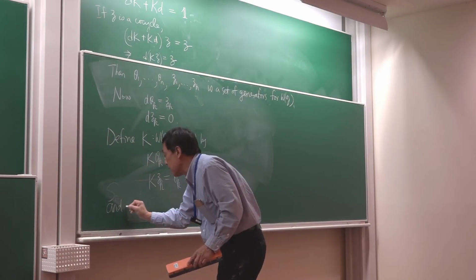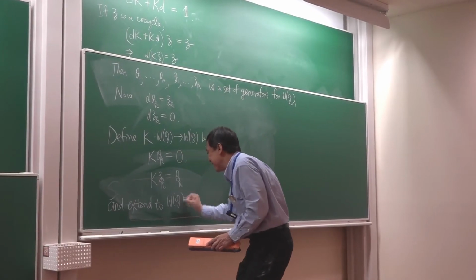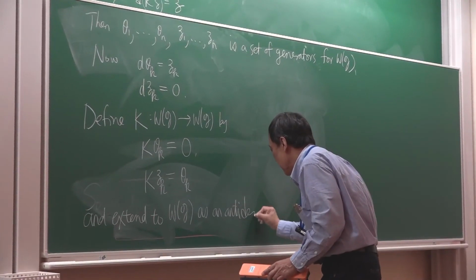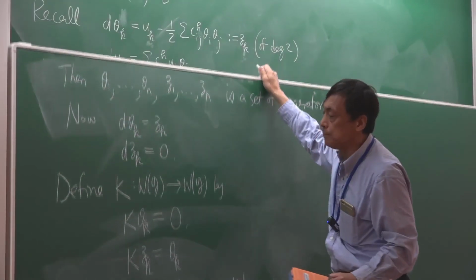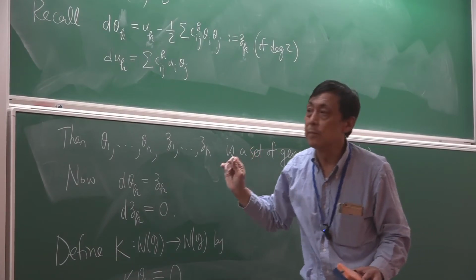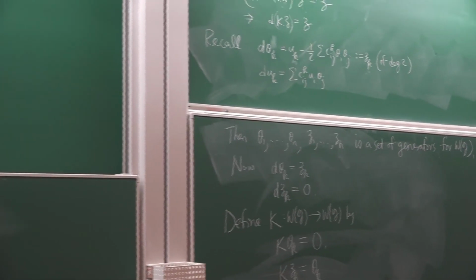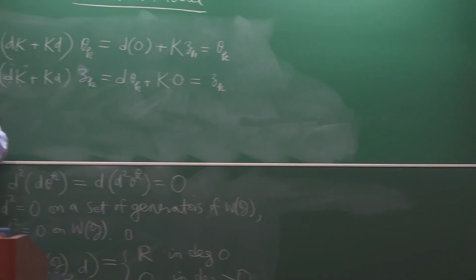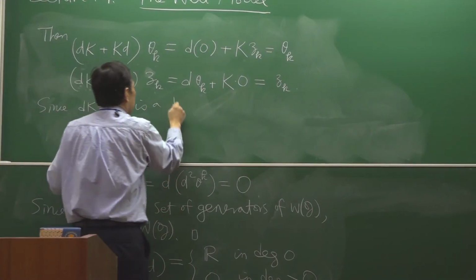And so since both D and K are antiderivations, dk plus kd is a derivation.